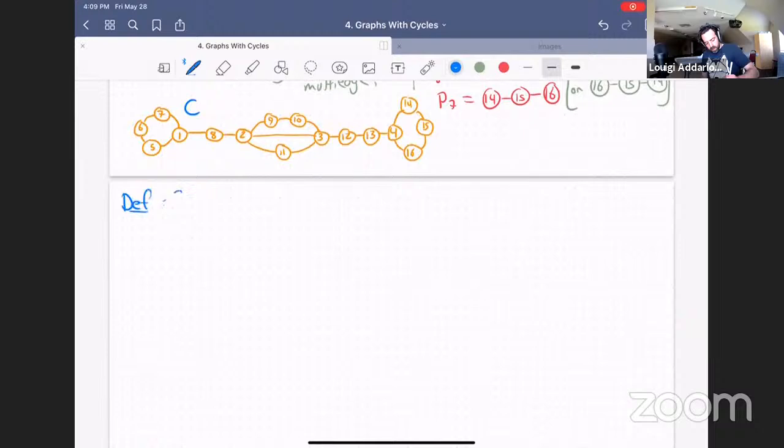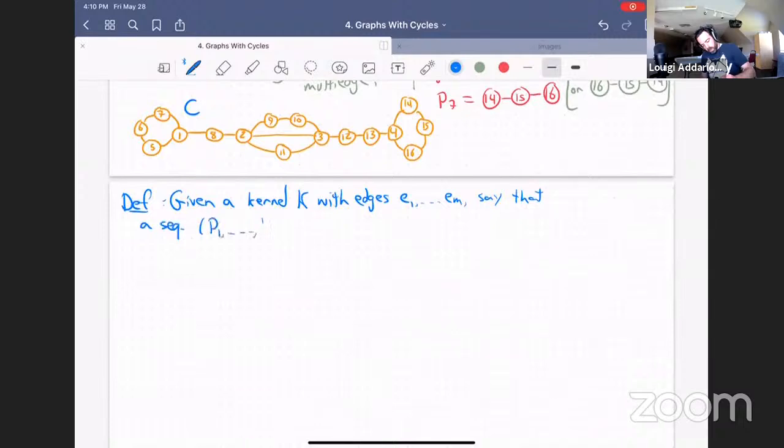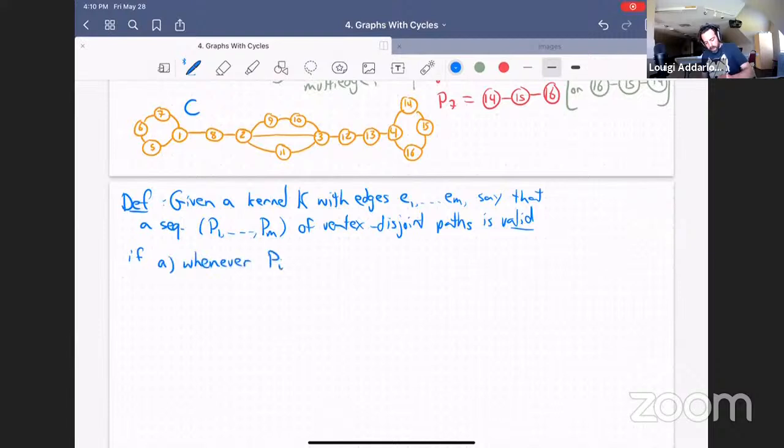So if I'm given a kernel K with edges E1 up to EM, we'll say that a sequence P1 up to PM of vertex disjoint paths is valid if the first thing is that whenever EI is a loop, then PI has at least 2 vertices.